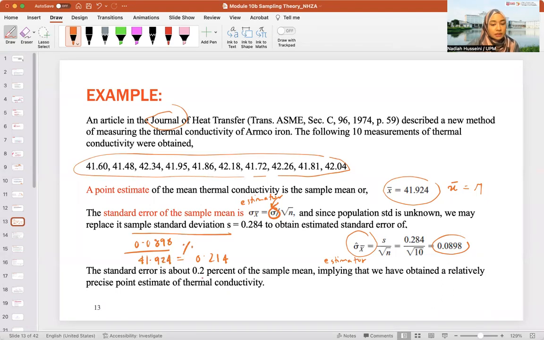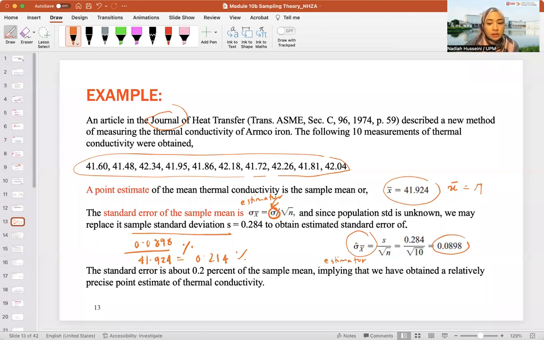You make this a percentage, so you just times it by 100. So you would get 0.214%. Okay, so the standard error, which is this guy divided by the sample mean, is 0.2%, implying that we could have obtained a relatively precise point estimate of the thermal conductivity using this estimator.